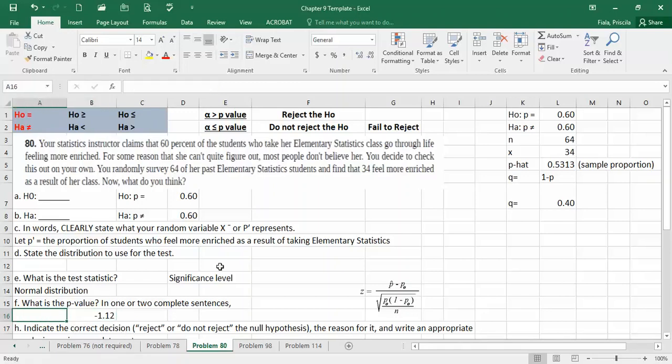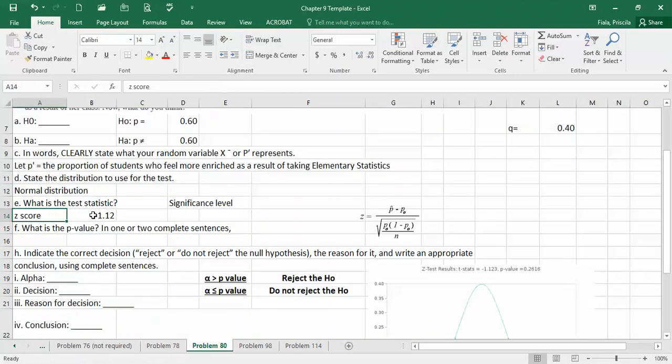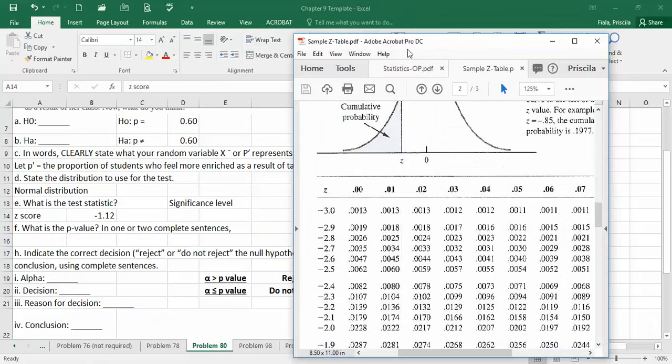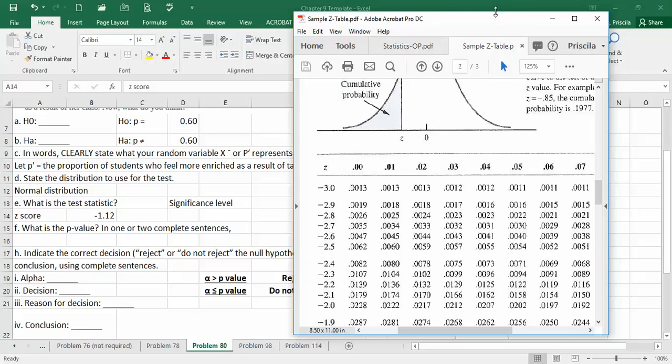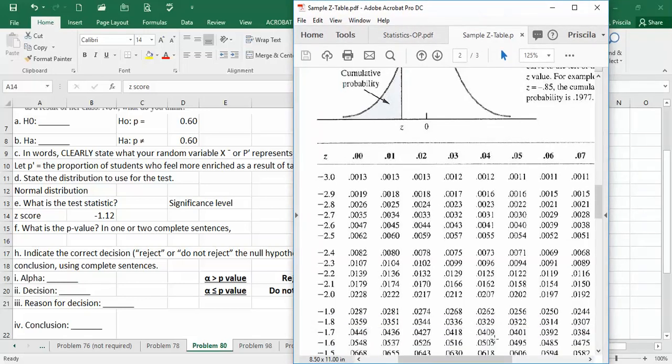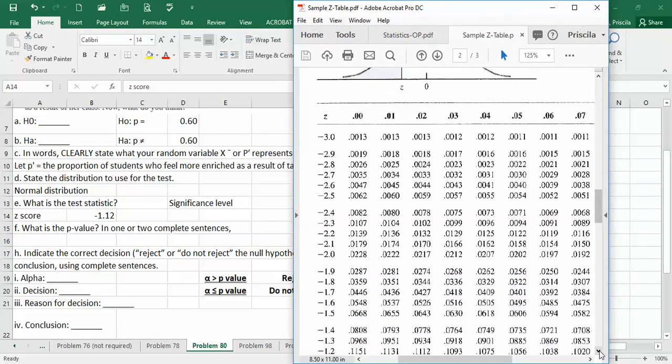So we have figured that our t, actually this should be over here, right? Okay, so we have figured that our z-score is minus 1.12. We're going to go to our z-table over here, and we're going to look for minus 1.12.